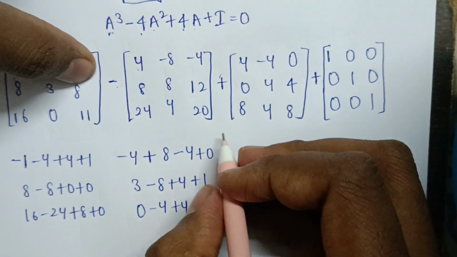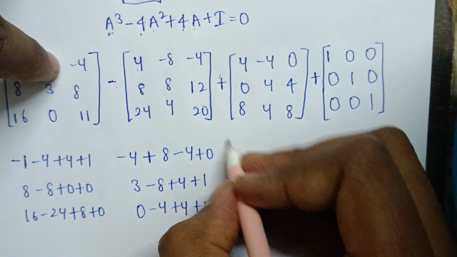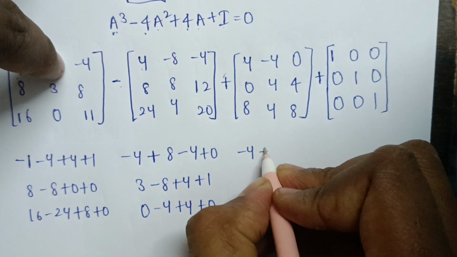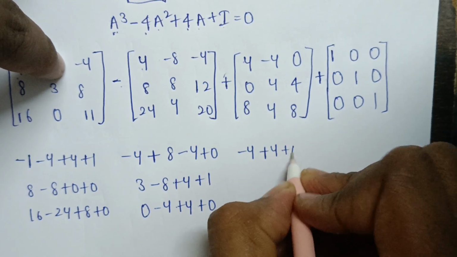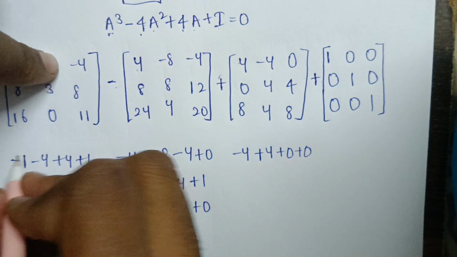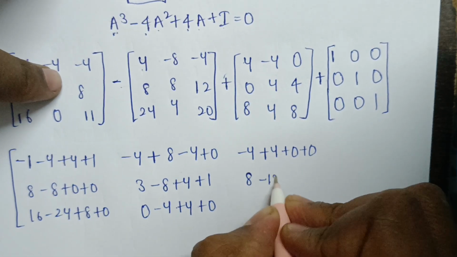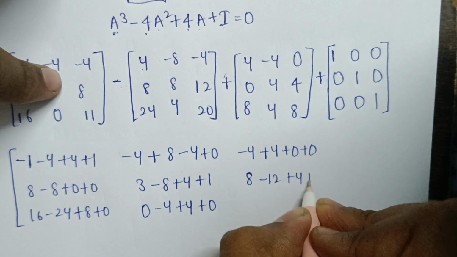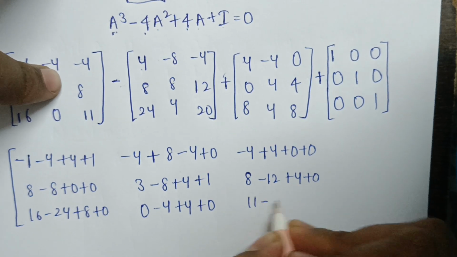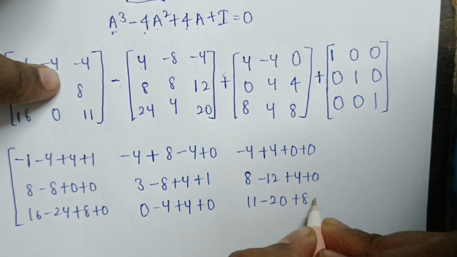Next element, minus 4 minus of minus plus 4 plus 0 plus 0. Next, 8 minus 12 plus 4 plus 0. 11 minus 20 plus 8 plus 1.